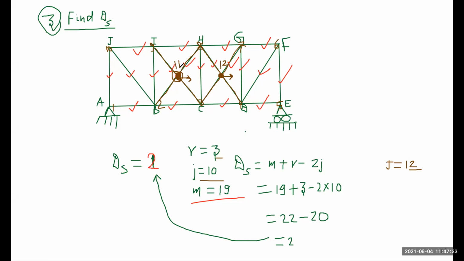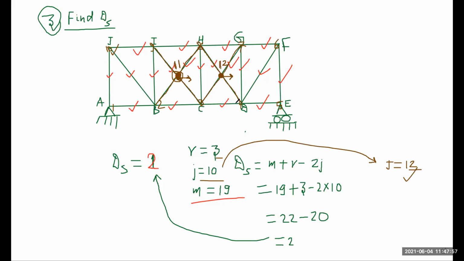So here Anuj says, sir, I have counted the number of joints as 10, and I also committed a mistake and marked a joint here as 11 and a joint here as 12. So he marks the number of joints as 12 instead of 10.